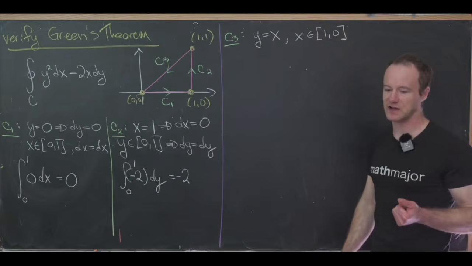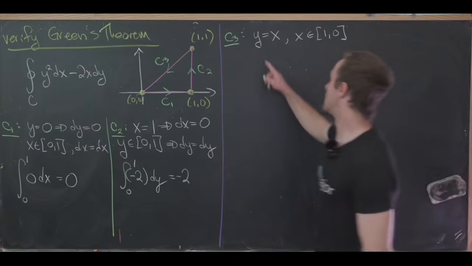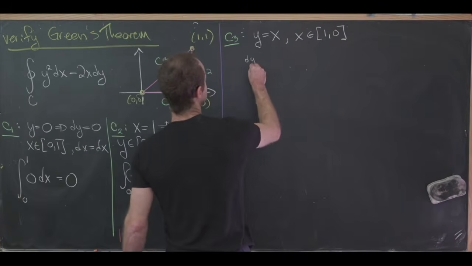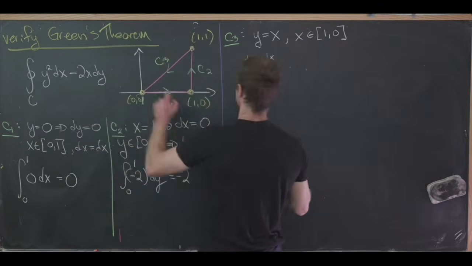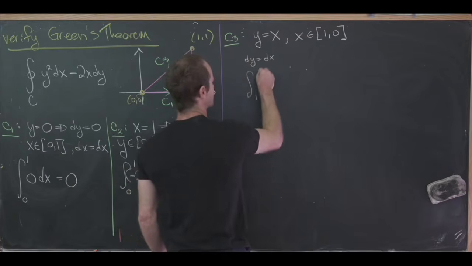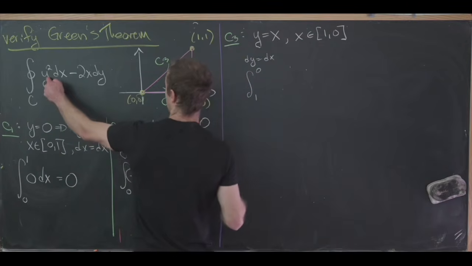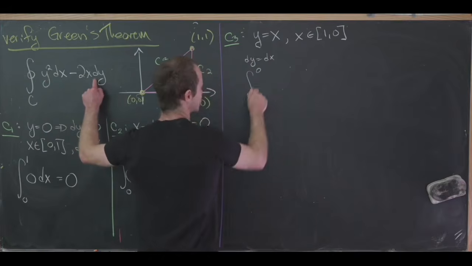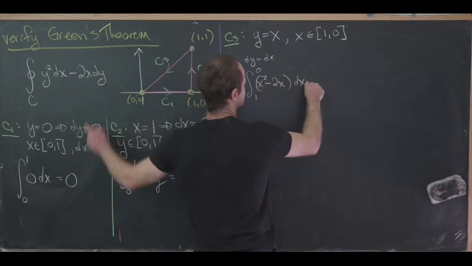Now, if I were writing this down more carefully, I wouldn't really write it like that, but I think we're okay here. Now, let's notice that since y is equal to x, dy is equal to dx. And that means on this portion of our curve, we have the integral from 1 to 0 of x squared minus 2x dx.